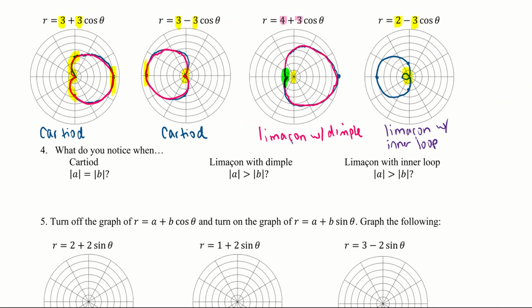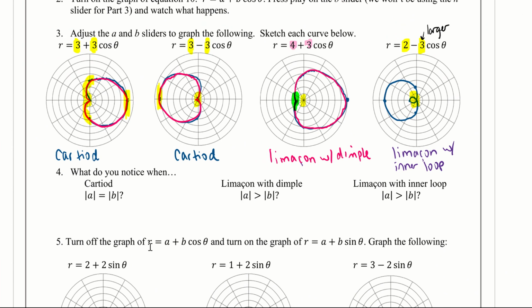When you have a cardioid, the numbers in the front, we'll call those numbers A and B, are going to be the same. And please notice that the cardioid always goes through the origin for that indentation of the heart.